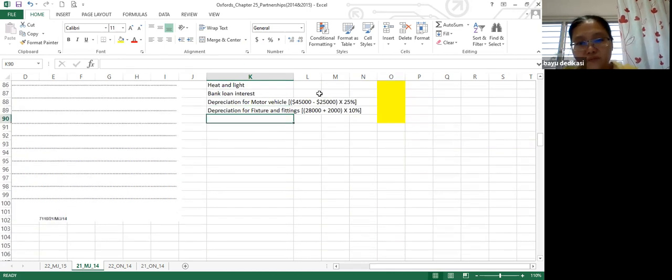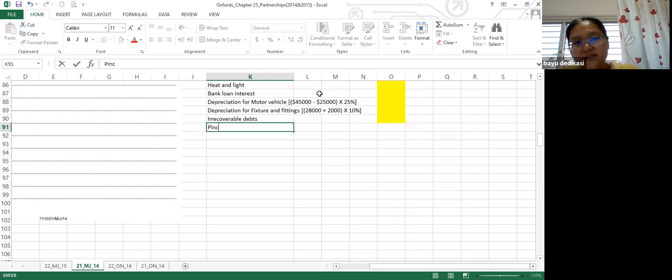So these two: irrecoverable debt, and also the increase in provision for doubtful debt.